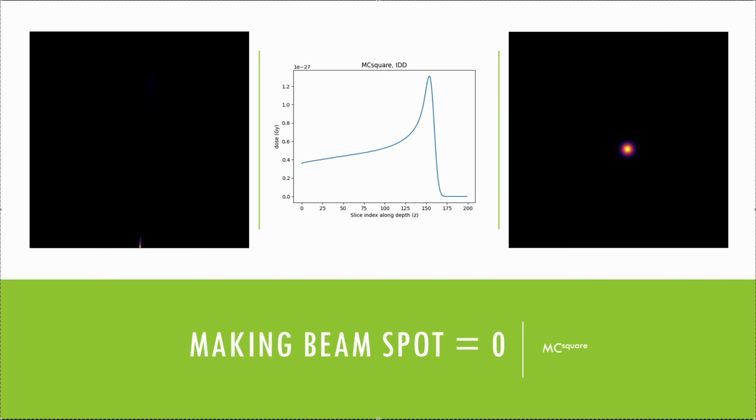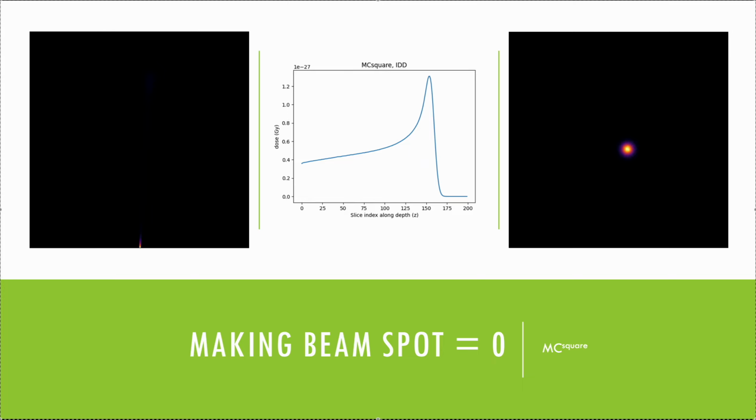And this is what I got for MC square. You can see the pencil beam, I almost made it zero, like 0.001. After a lot of errors and stuff, I got the pencil beam.